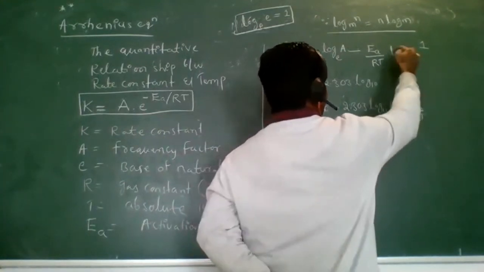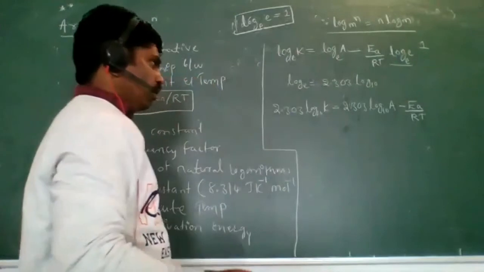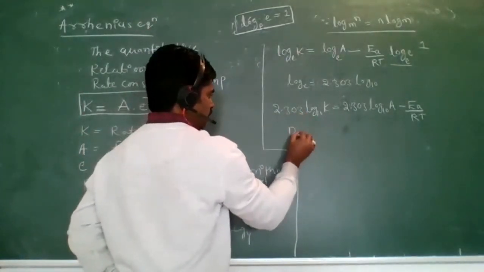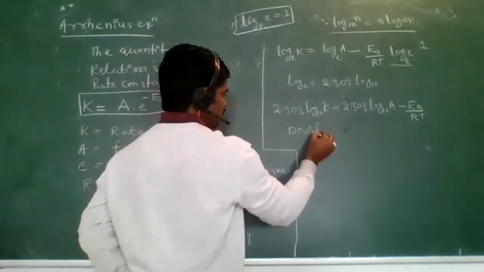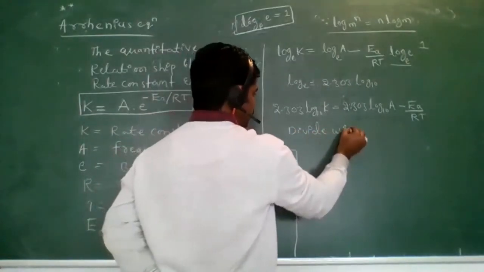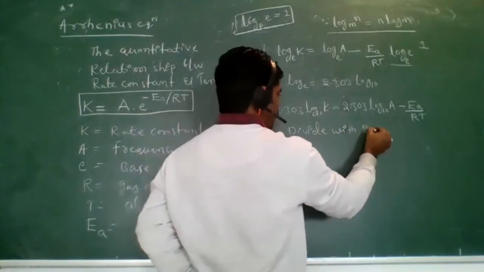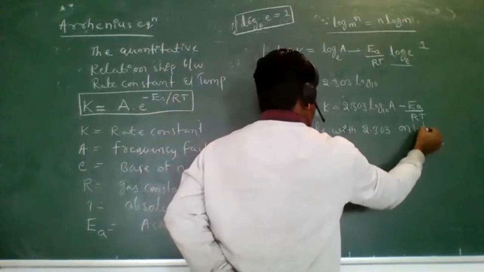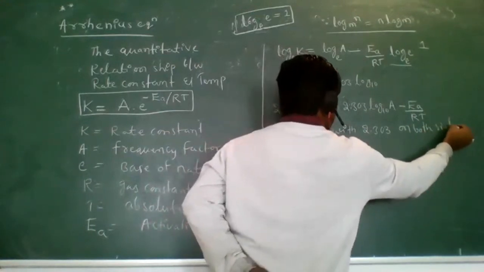So this value is totally 1 now. Okay. Right, now divide with 2.303 on both sides.